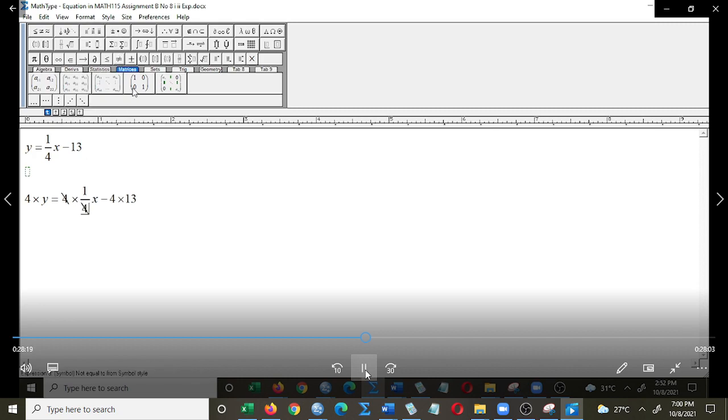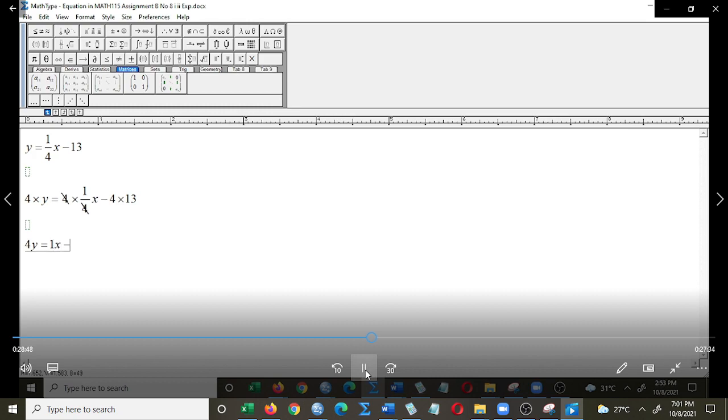So 4 times y is what? 4y. What comes after the equal sign? 1x, just x.